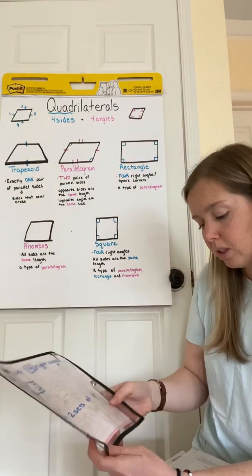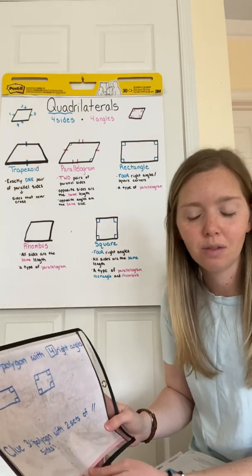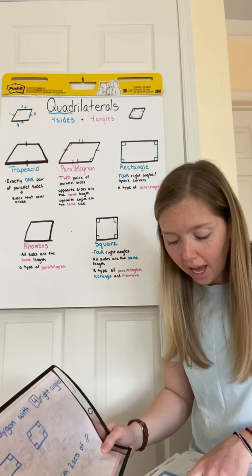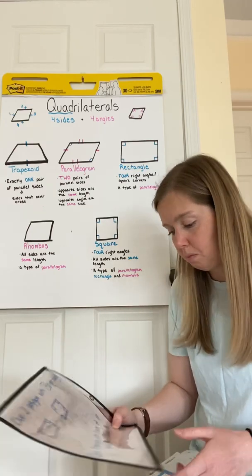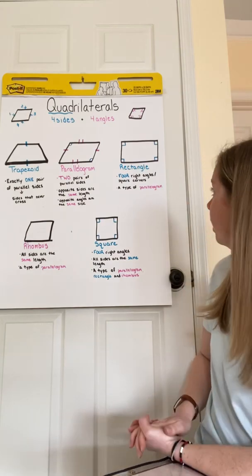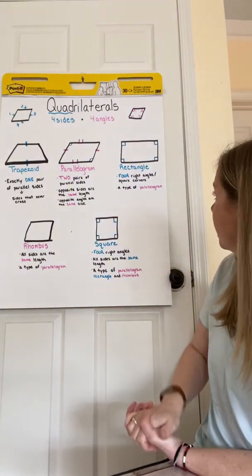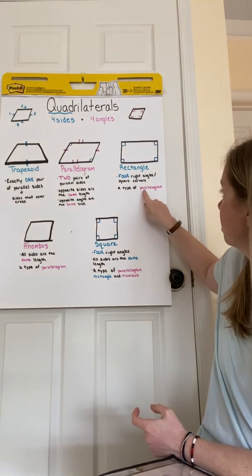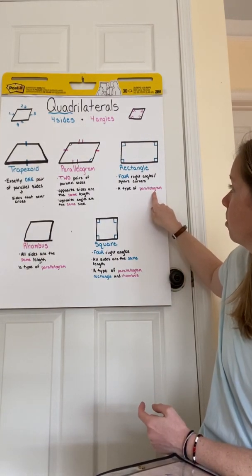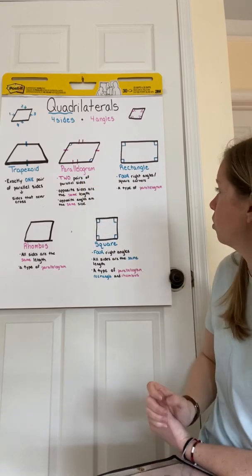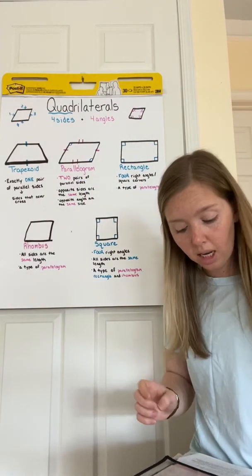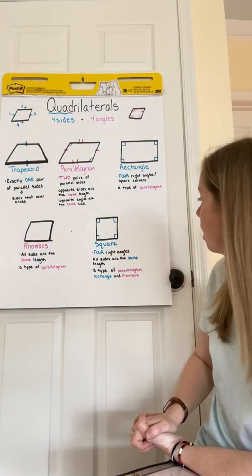And let's check out clue 3 and see if we can narrow it down even more. Clue 3, I am a polygon with 2 sets of parallel sides. Okay, so now I'm focusing on my rectangle and my square. And let's see, the rectangle is a type of parallelogram. Parallelograms have 2 pairs of parallel sides. So a rectangle has 2 sets of parallel sides.